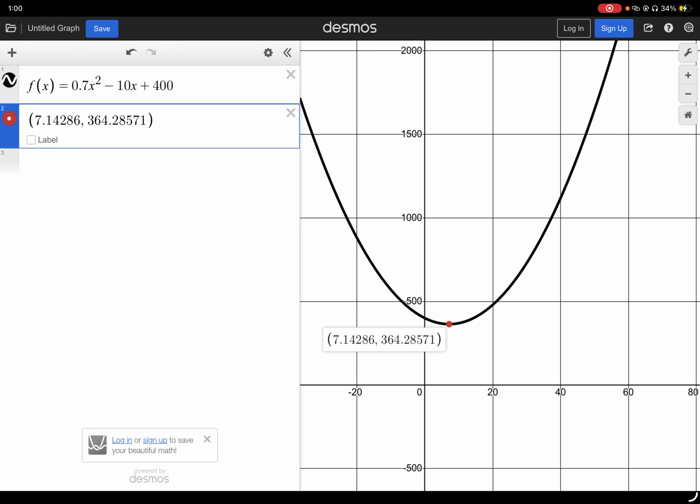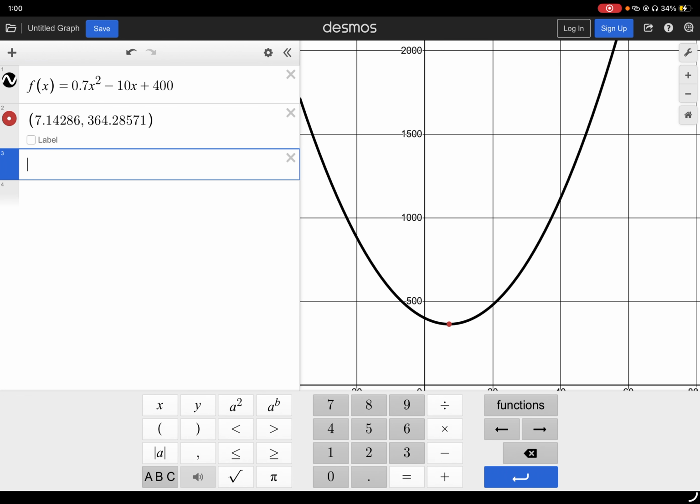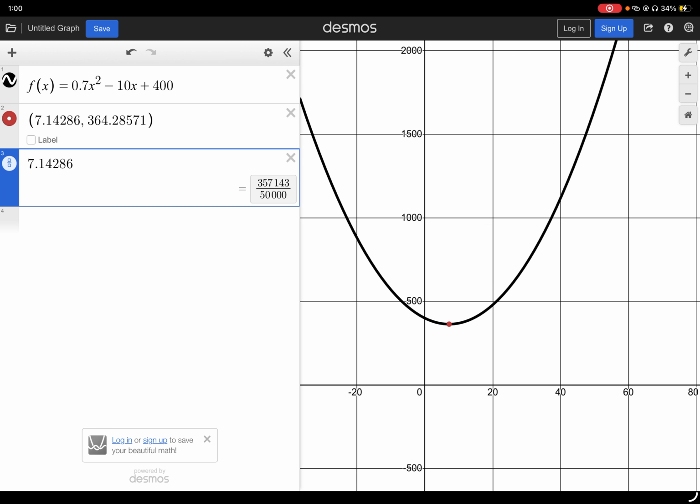And because the homework is asking for the exact answer, I can't rely on this decimal value.